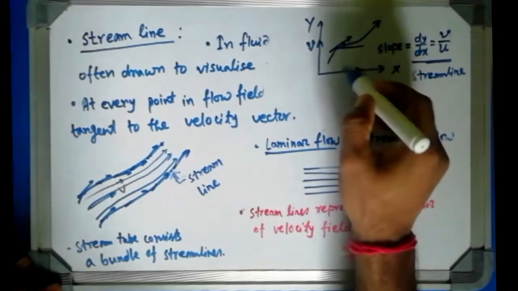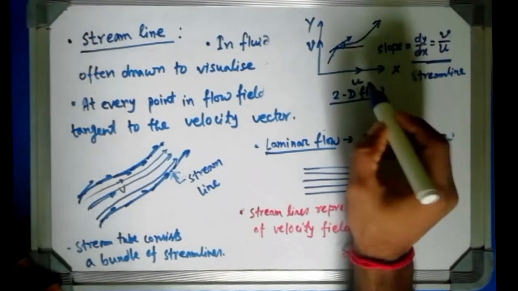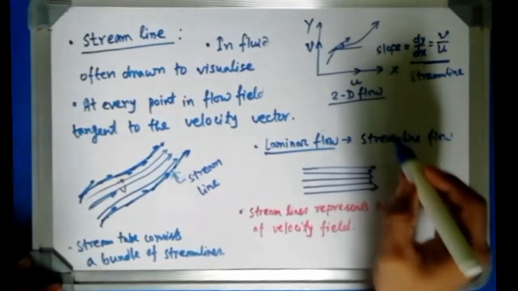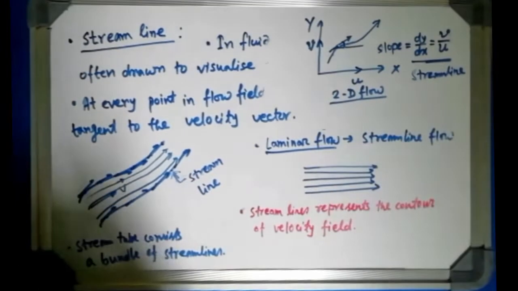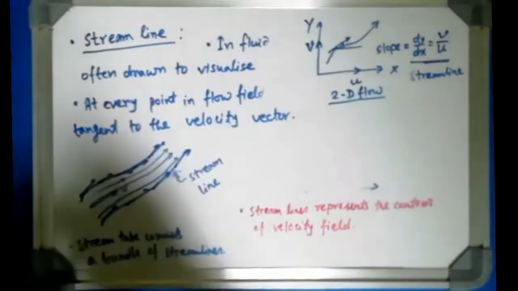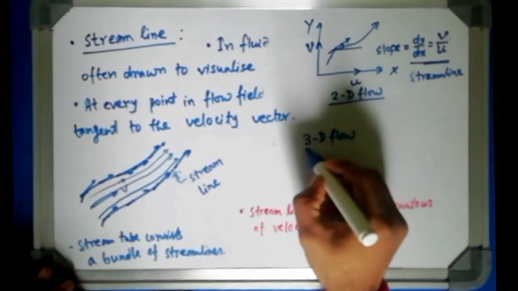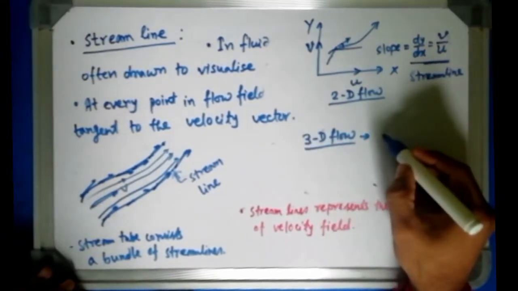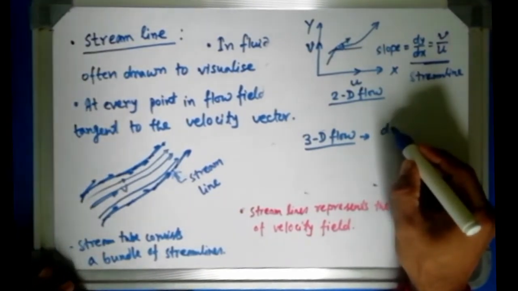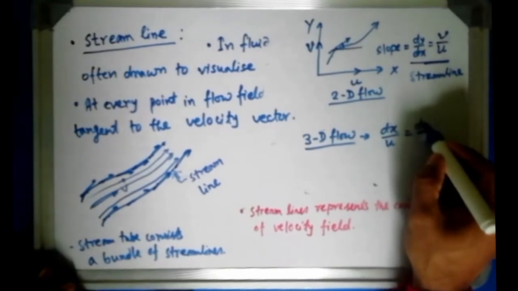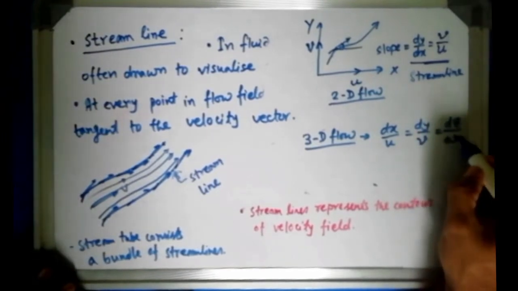Here I have drawn a 2D kind of flow because only y and x directions are there. If we consider a 3D flow, then x, y and z components will be there, and for a 3D flow the slope or gradient can be written in this manner: dx by u equals dy by v equals dz by small w.